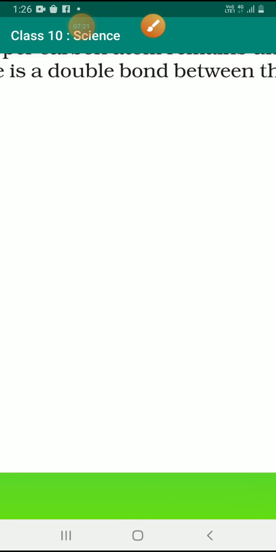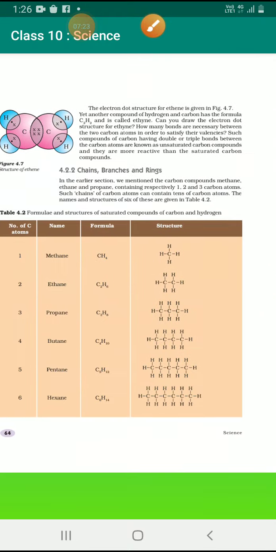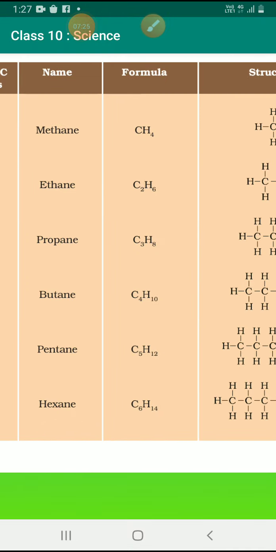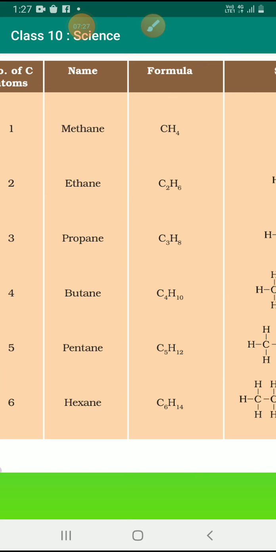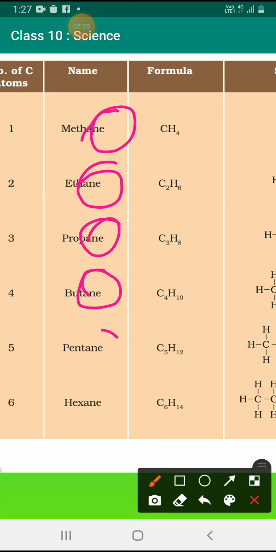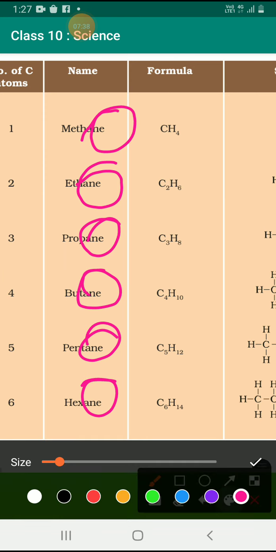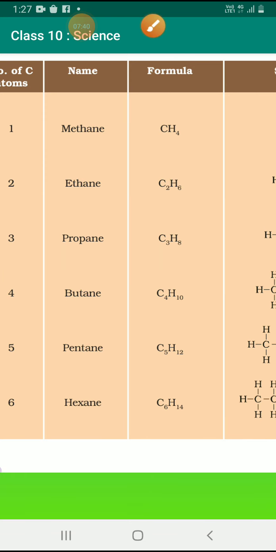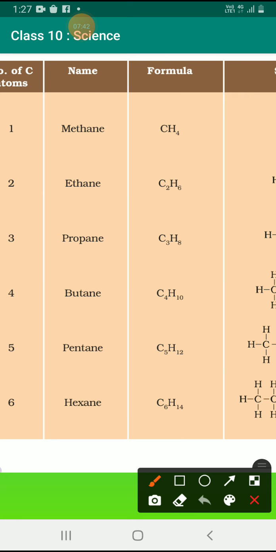Got it. So how are they connected? Look here with the help of this. Here we talk about only ane compounds. Look here, ane compounds. Once again I'll tell you, very simple.